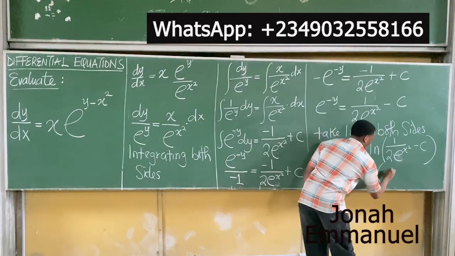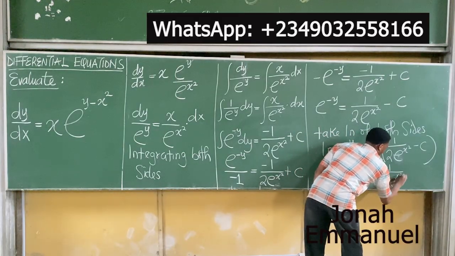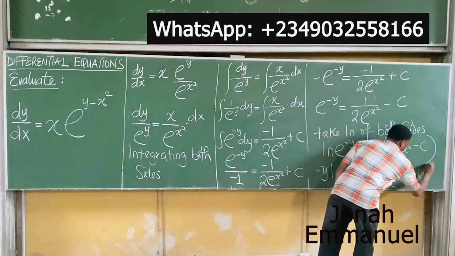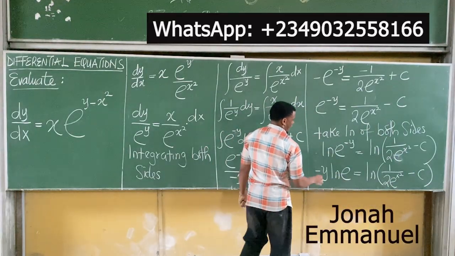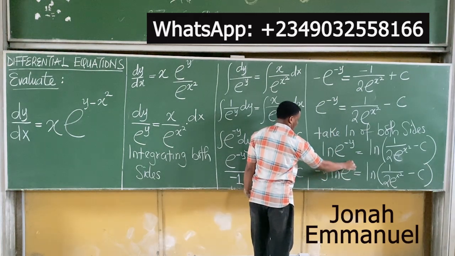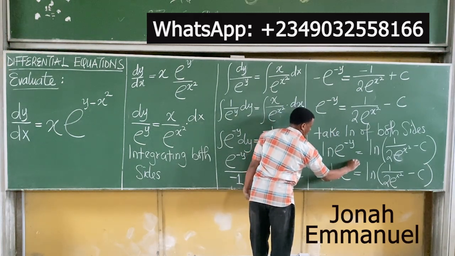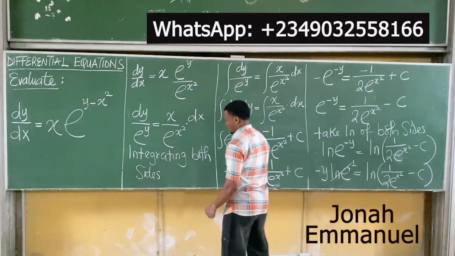ln of 1 all over 2 exponential x squared minus c. From here, I've said ln exponential is what there? 1. This value is 1. So in essence, I'm left with minus y.